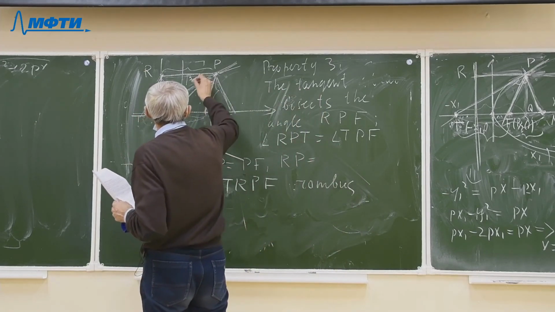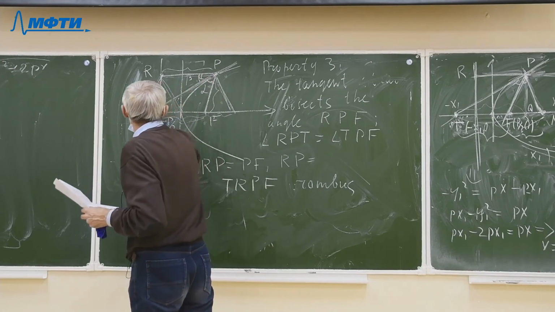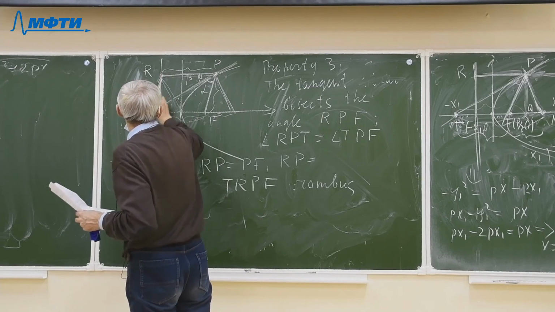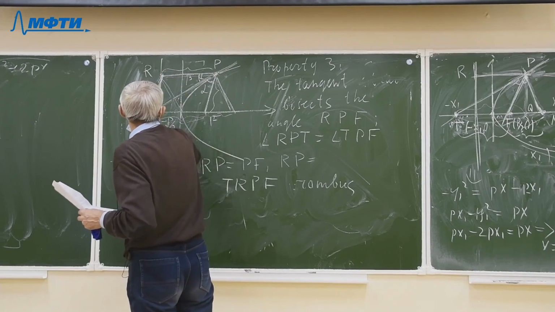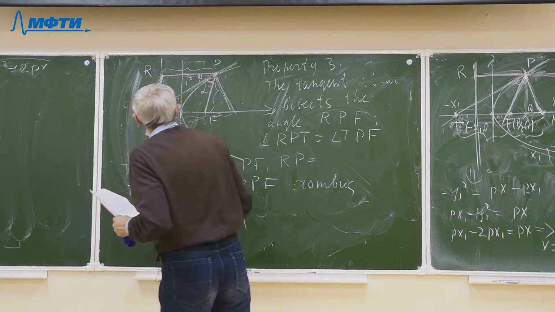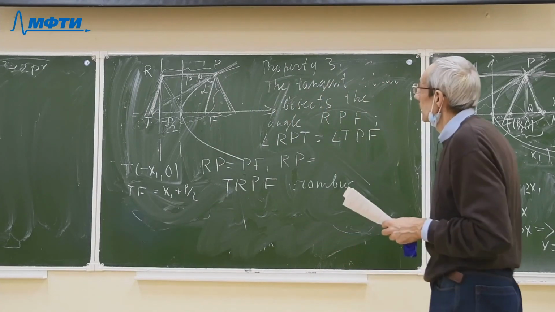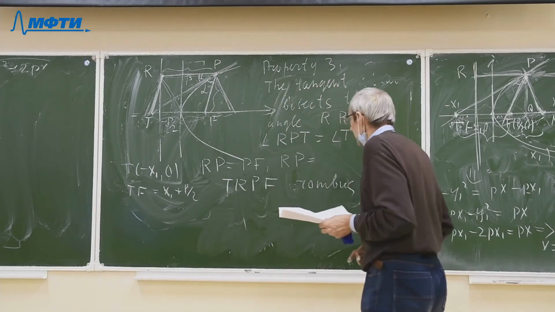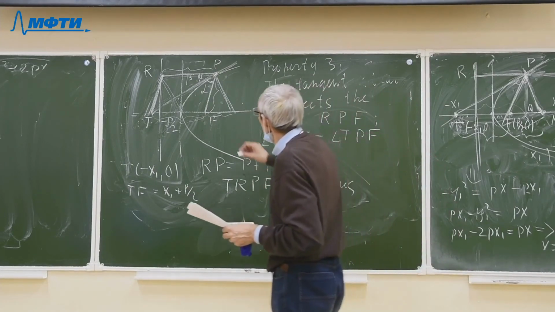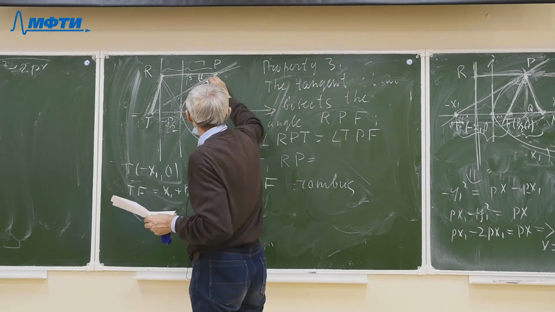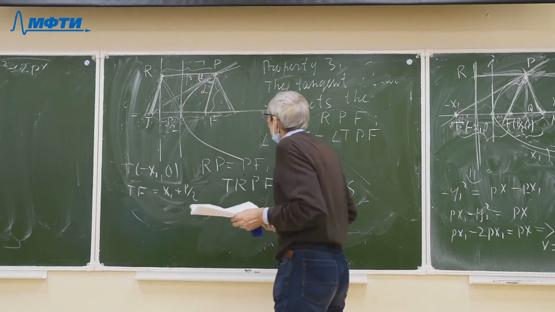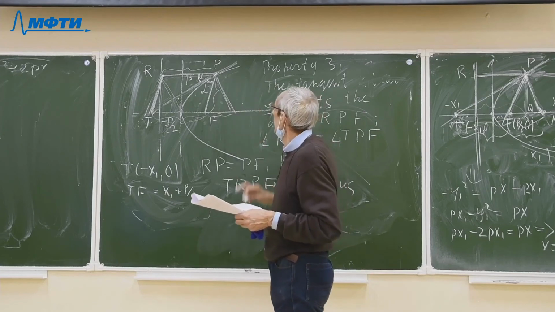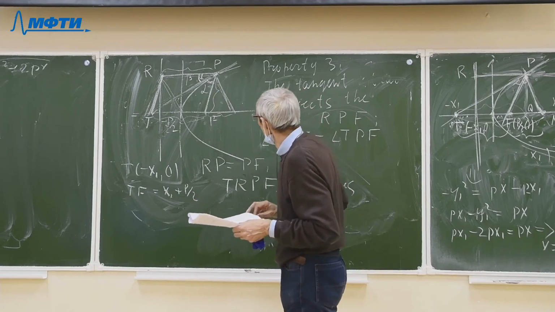And in the rhombus, this segment is a diagonal. And the diagonal divides the angle in the rhombus into equal parts. And we obtain that this angle is equal to this.